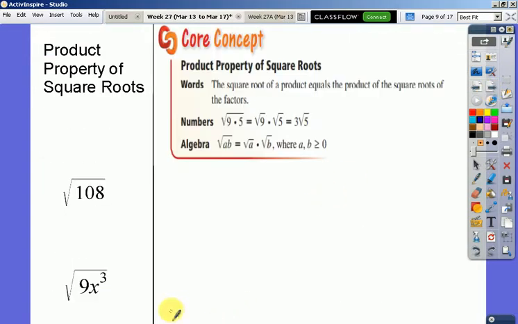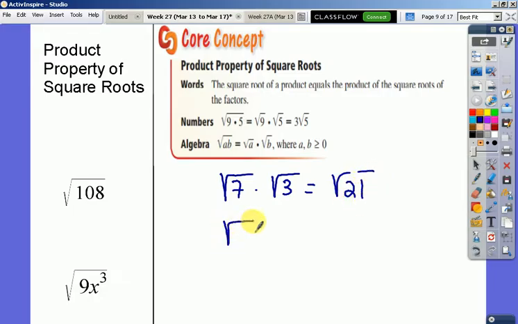Alright, so we're going to take a look at a property here. First of all, we're going to look at the product property of square roots. The square root of a product equals the product of the square roots of the factors. So, for example, you need to know that when you take the square root of 7 times the square root of 3, you're going to end up with the square root of 21.